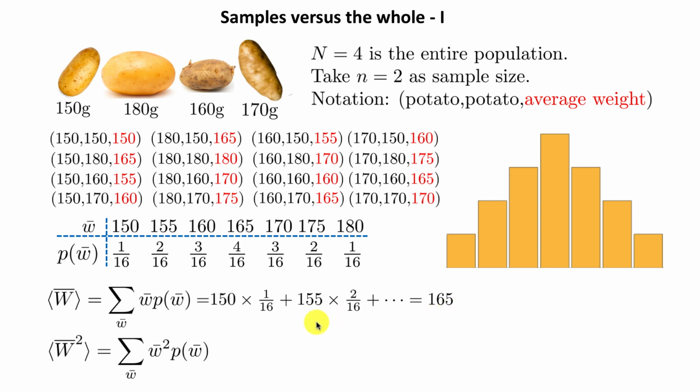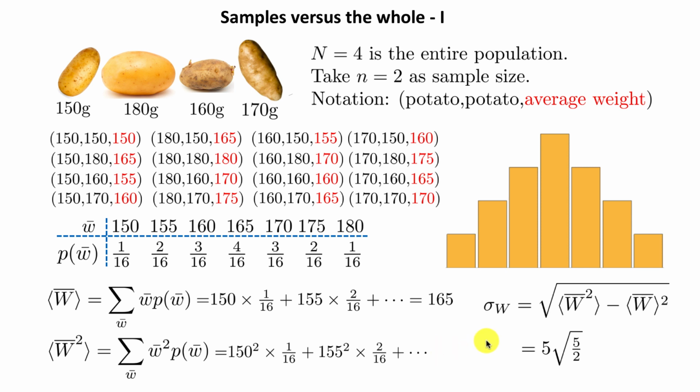The average value of the random variable W squared is going to be just the same, except that instead of W bar, we have W bar squared. And so what we have is simply, instead of 150, 150 squared. Well, keep adding them up. It's a fairly large number. We don't really need it.